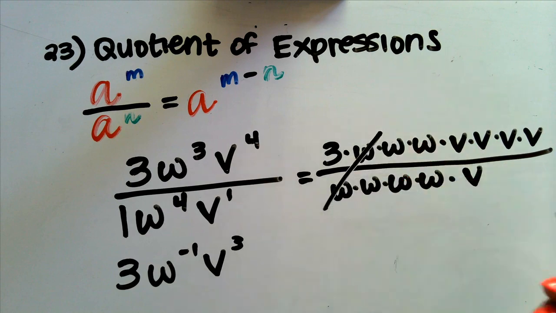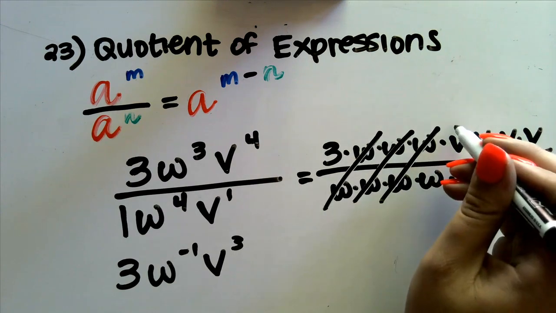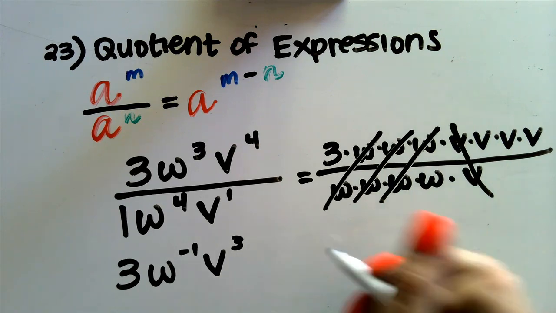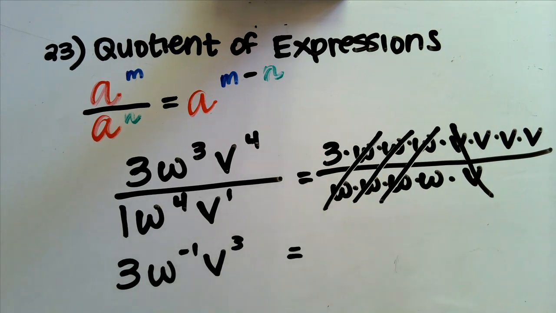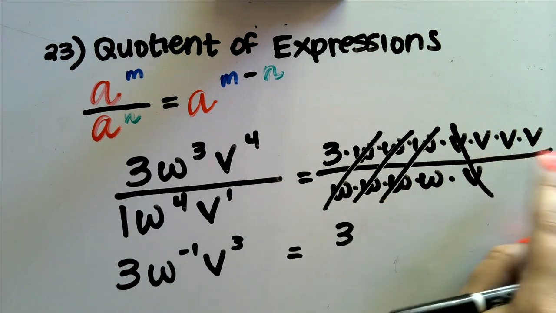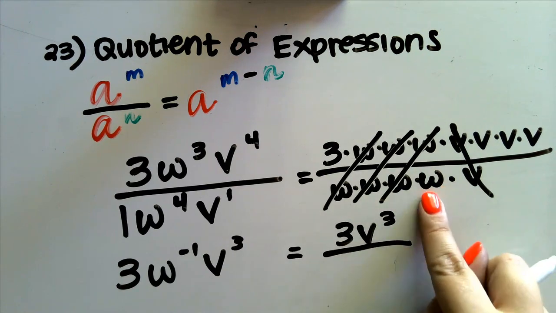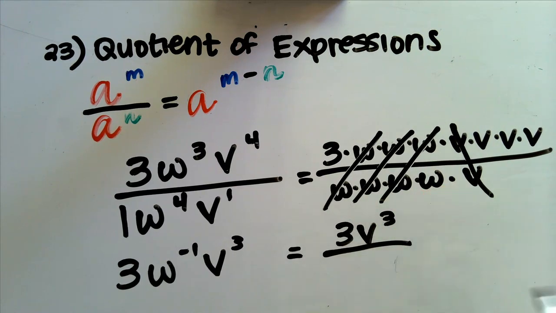So we have 1, 2, 3, and then with our v's, boop, that goes away. So we are left with 3 and then 3 v's in our numerator, which if we simplify that, we can write 3 v's as v to the third. And then left over in our denominator is that single w.